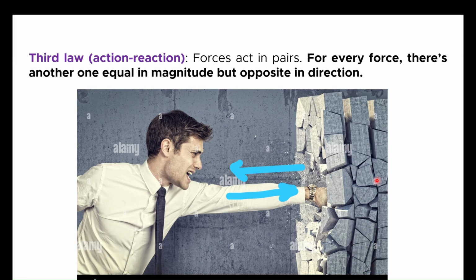The last Newton law is the third one, action-reaction. This statement says that forces act in pairs. For every force, there's another one equal in magnitude but opposite in direction. Let's imagine this man wants to punch this wall. When you hit any object, the object also sends you a force in the opposite direction.